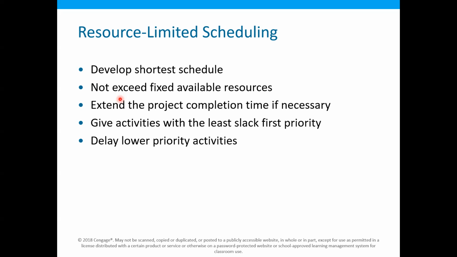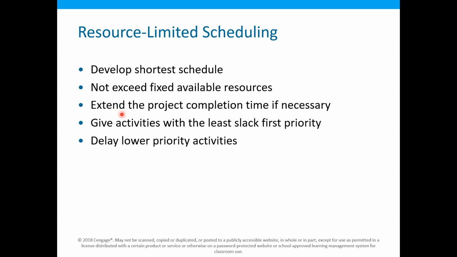And then those parallel activities will become activities in serial. That means first one activity will be performed, and when the task on that activity is completed, the work will be performed on the other 2 activities, one after the other. So this will, in some cases, extend the project completion time if necessary.